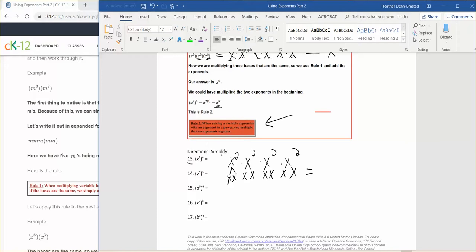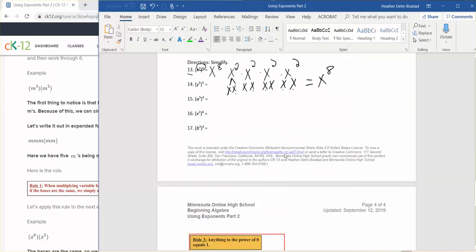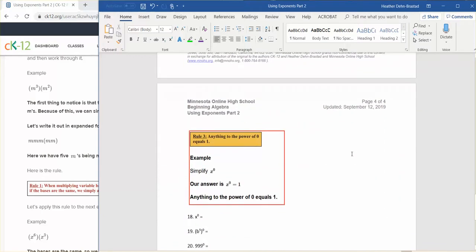And then you can count up 5, 6, 7, 8, and that will be your exponent. How many times you multiplied that over and over is your exponent. The shortcut is if I had just taken 2 times 4, I would have gotten 8 that way. So there's 2 ways to do these. You can do the expanded form or you can use the rule.